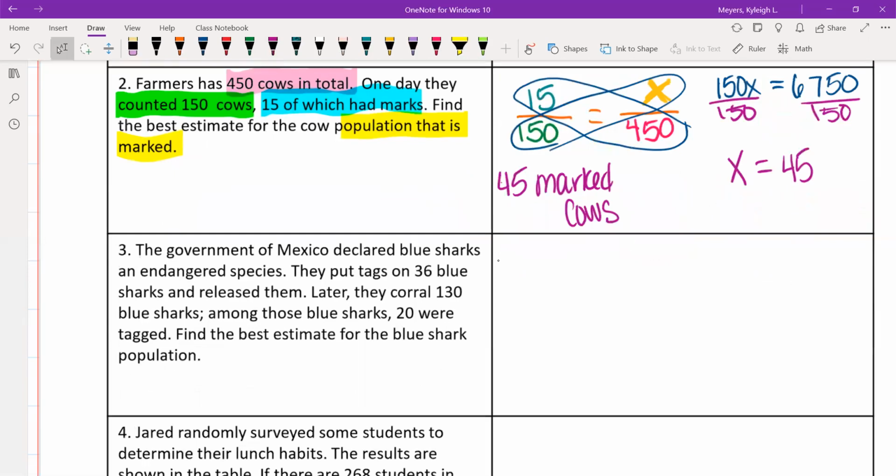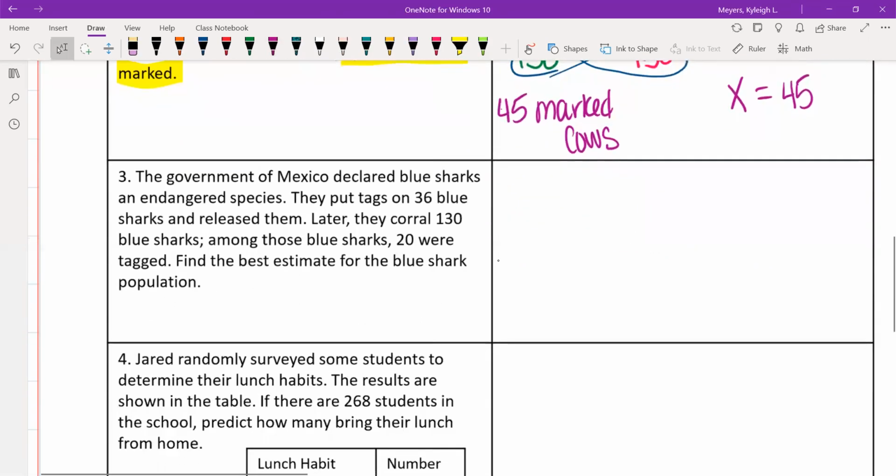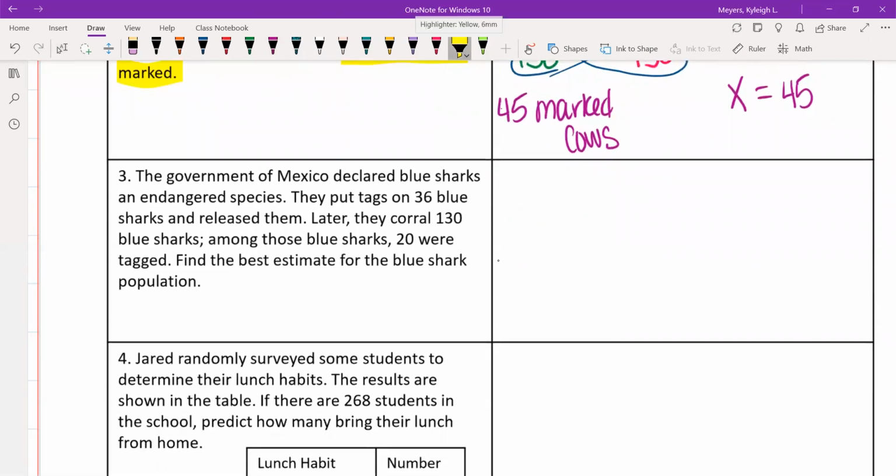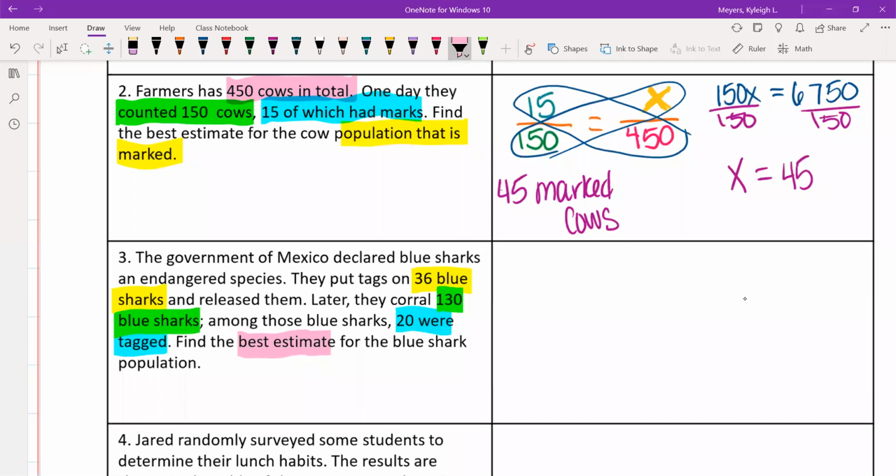I'm going to ask you to try number 3 on your own. So pause the video and try number 3 on your own, and then we'll go over it. Just verify that you highlighted the stuff in the right order and that you set up your proportion the same way I did.